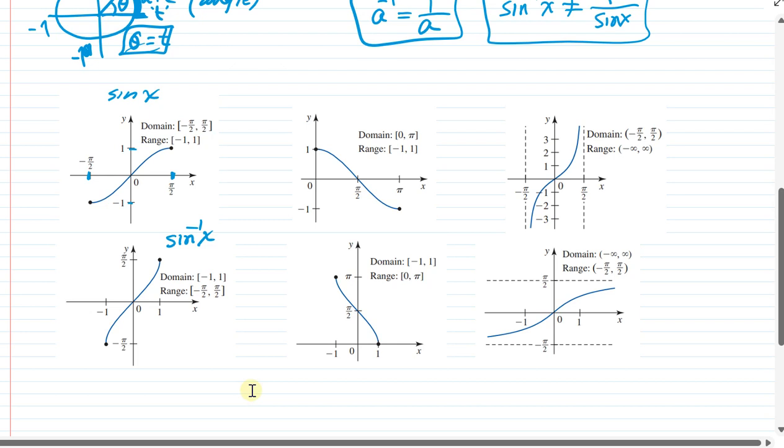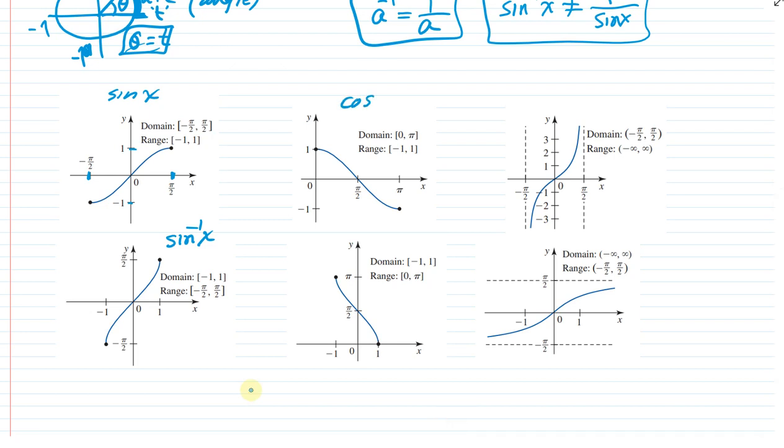So the one on top is the graph of cos x. And of course, the domain of restricted cosine is going to go from 0 to pi. That's how we can make the function one to one. And then the one below is the inverse. So this is the arc cosine, if you will. And this is again what the graph would look like.